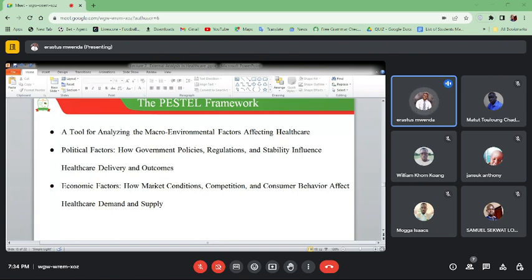For example, in relation to people's income. When people have low income, definitely that is going to hinder their accessibility to quality healthcare. So as healthcare organizations, we need to be conversant with that, so that we can work on improving and see what we can do to solve that particular problem.